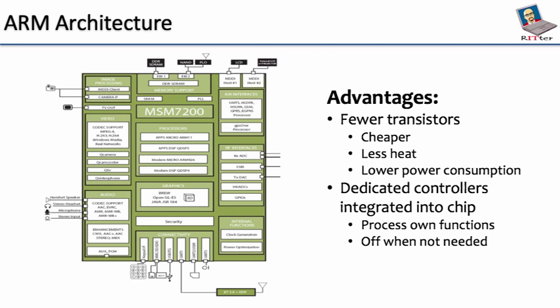It also allows you to integrate dedicated controller chips all onto the one CPU. If you think about smartphones and tablets, and the varying different functions that they can perform, they can have a GPS in them, they can have an accelerometer in them, they can have various other sensors to perform all sorts of different functions that traditional PCs do not have. You might have to plug something extra in to get that functionality in a laptop or a desktop.